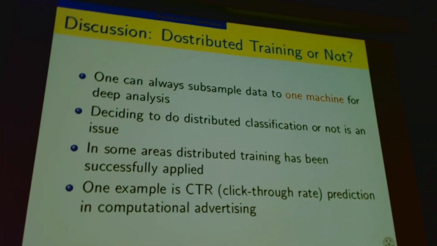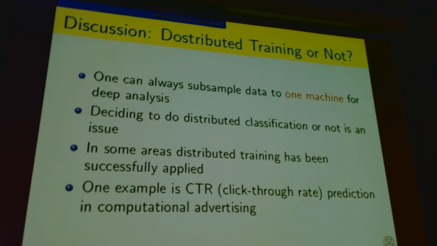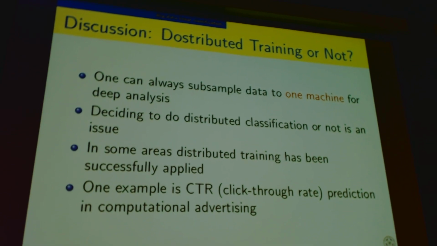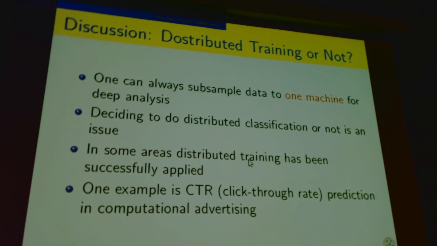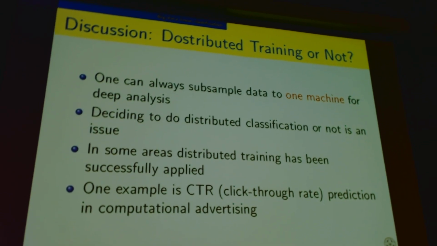So it's possible that you spend a lot of effort to do distributed training using all the data, but then the result is even worse than using some sophisticated technique on one machine. So this is always an issue, and it's not clear yet for which area distributed training is more suitable.